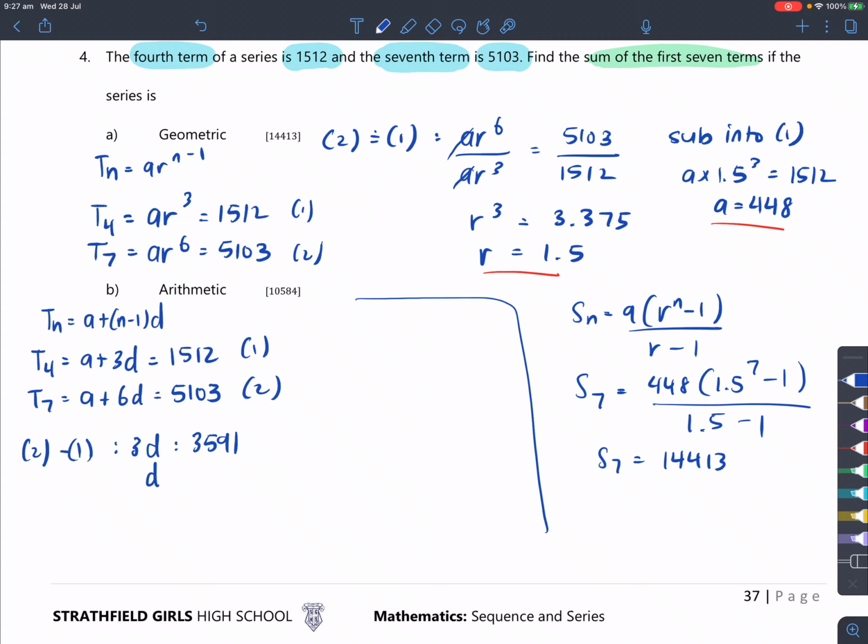Dividing by 3 gives us a common difference of 1197. We can substitute this back into equation 1, so that A plus 3 times 1197 equals 1512. So 3 times 1197 is 3591.